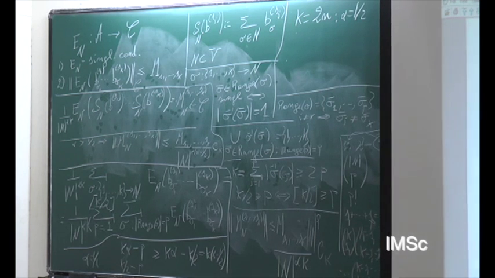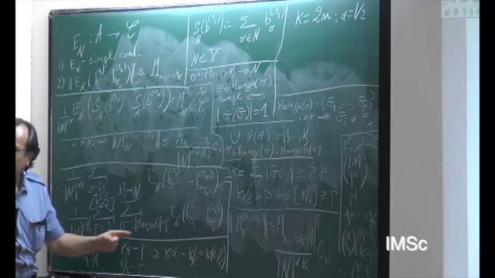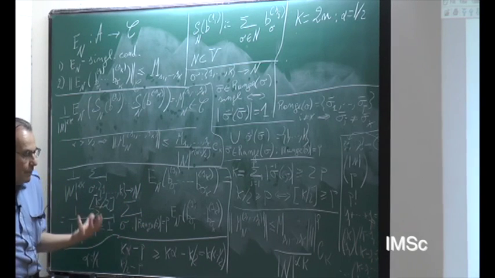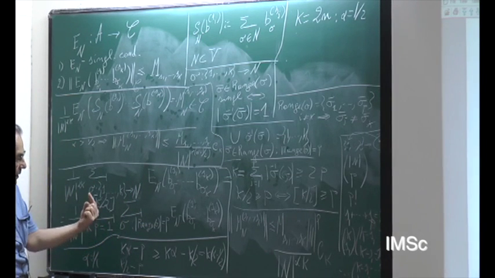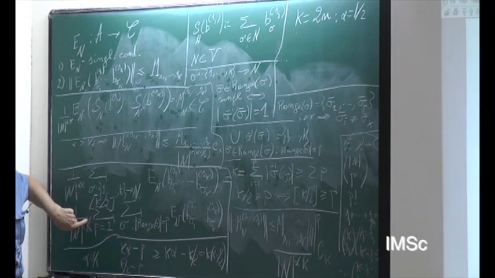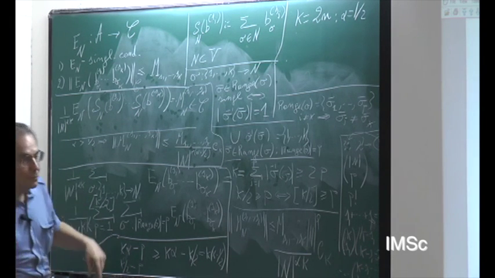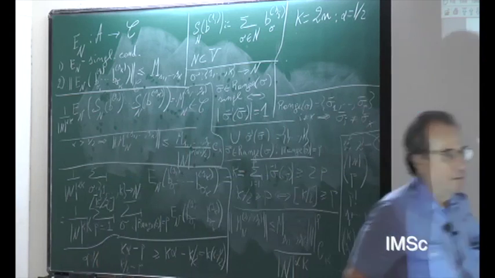Let us summarize what we did. We want to find the limit as n goes to infinity. And we have proved that only k even, alpha equal 1/2, and the range p must be the maximum.